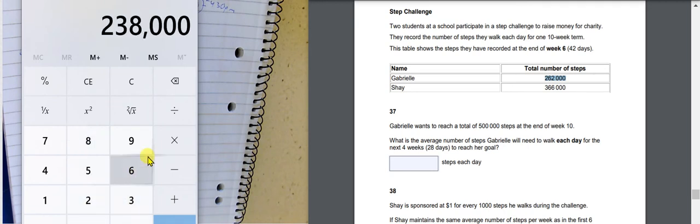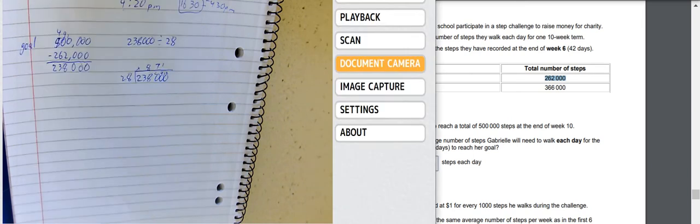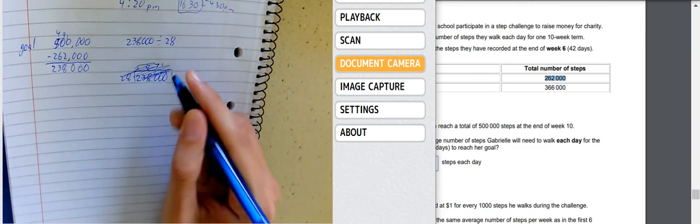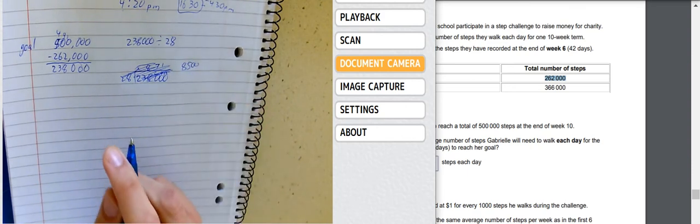238,000 divided by 28. Yeah, I definitely mucked up my maths. 8,500. I want to do that again anyways.